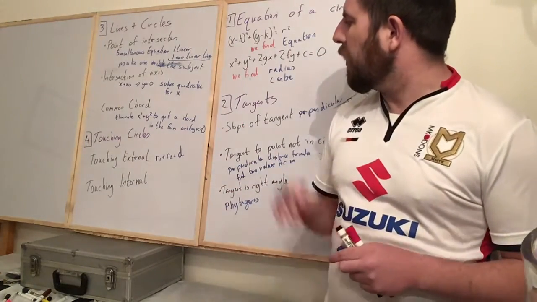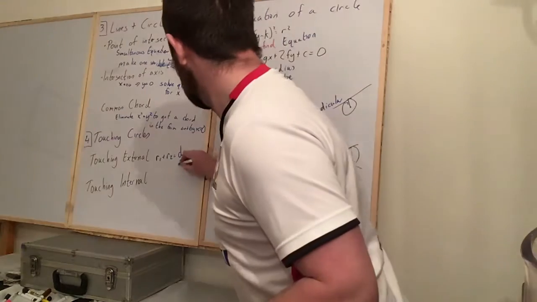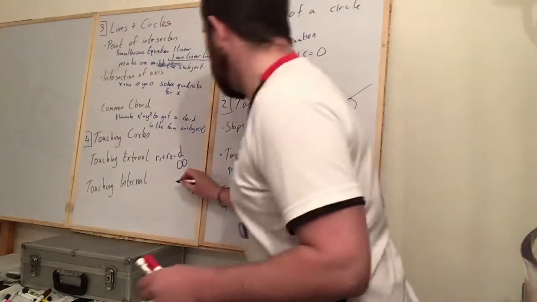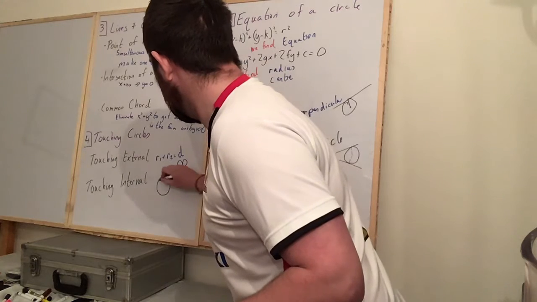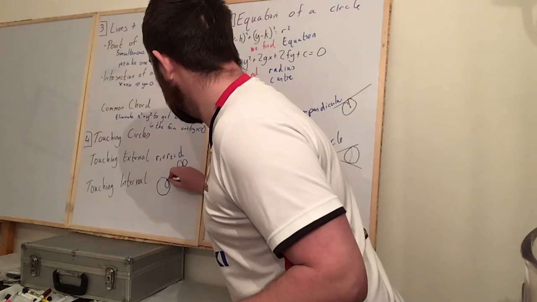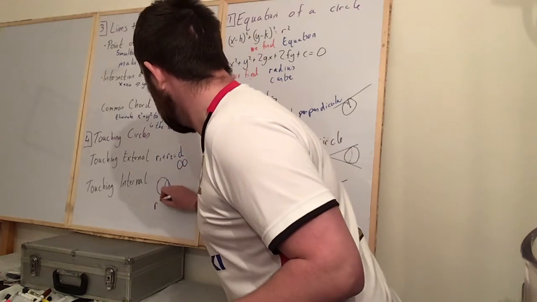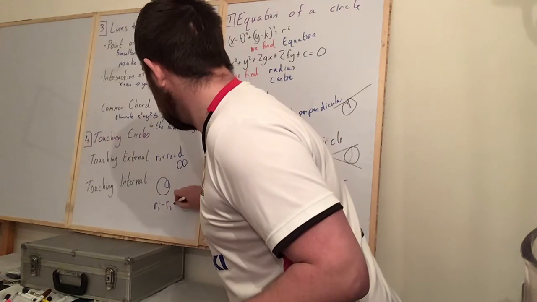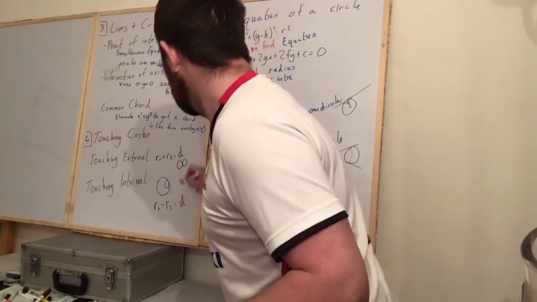Where they touch internally, you've got a big circle and you've got a small one. So the radius of the big circle minus the radius of the second smaller circle would be the distance between the two centers.